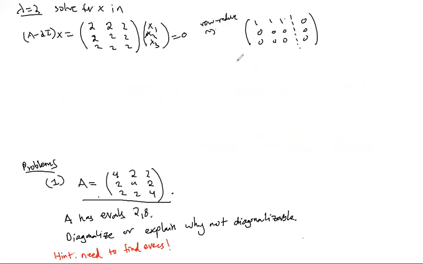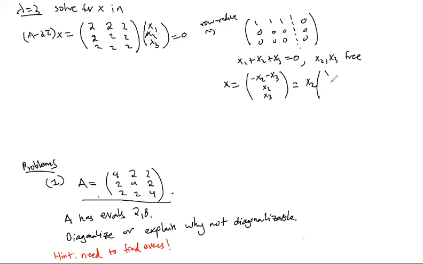So x1 plus x2 plus x3 equals 0. x2 and x3 are free. So we can solve for x1 in terms of x2 and x3. And so we get x2 times some vector plus x3 times some vector: -1, 1, 0 and -1, 0, 1.